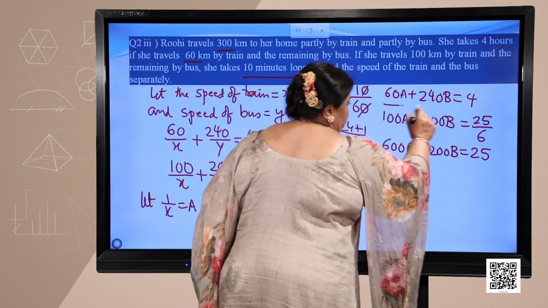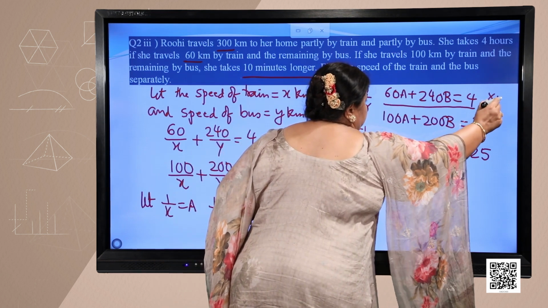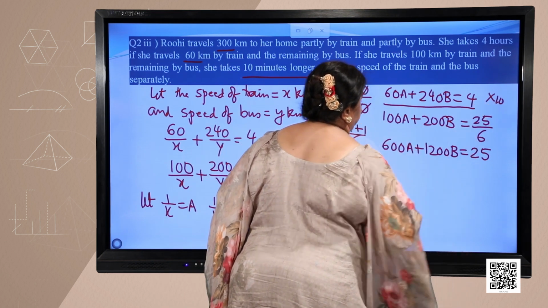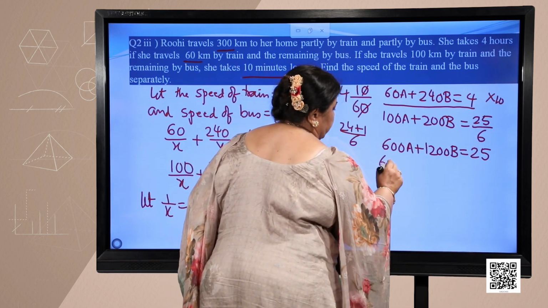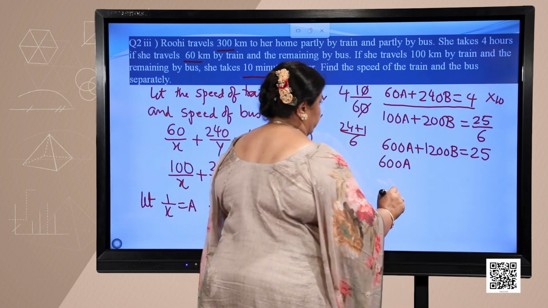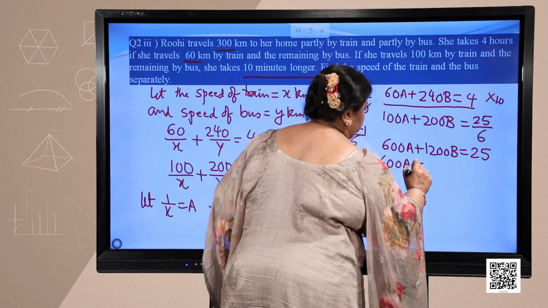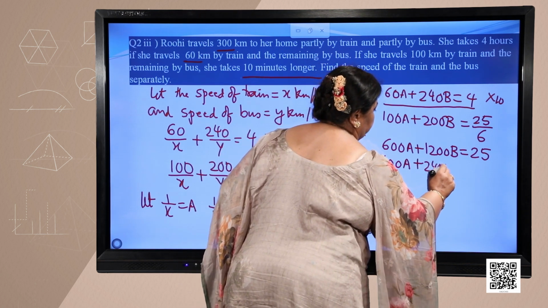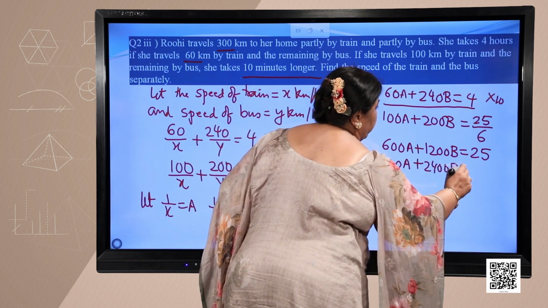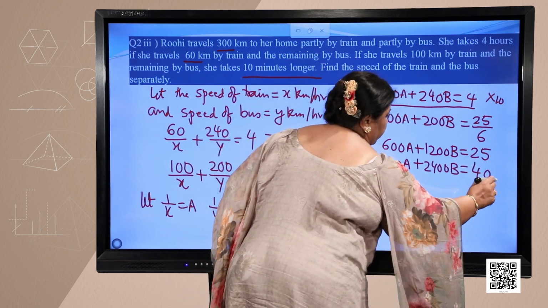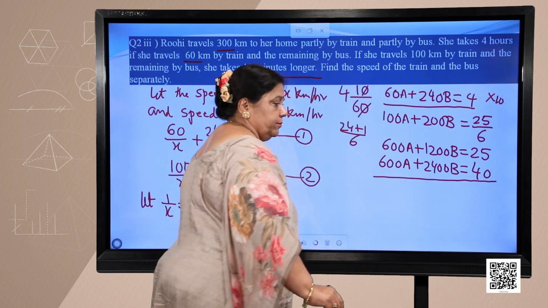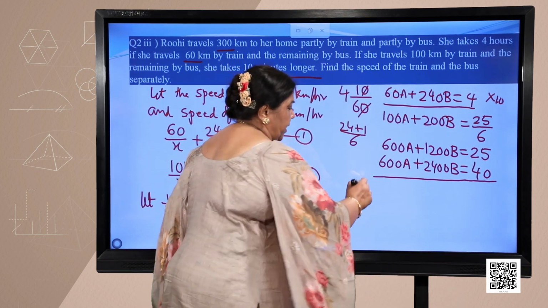In order to get equal coefficients, shall I multiply this equation by 10? What do I get? 600a plus 2400b is equal to 4 tens are 40. Simple. Shall we subtract?